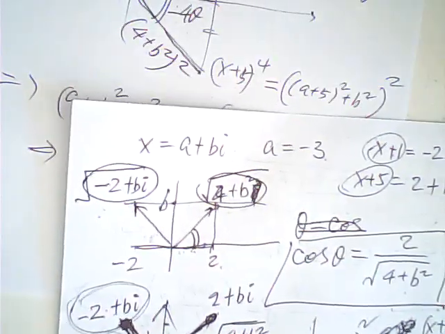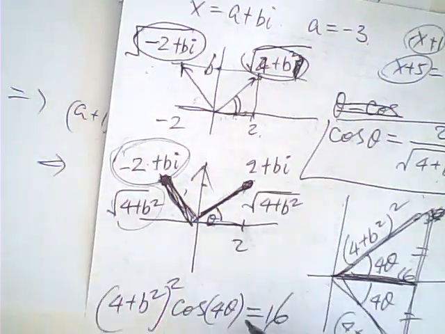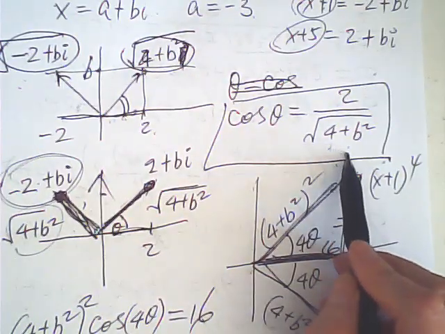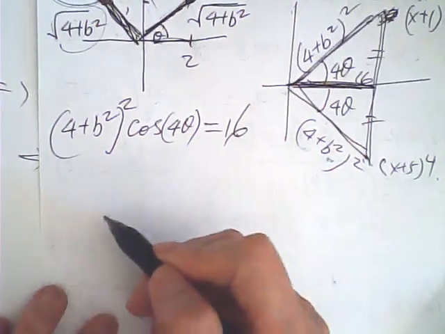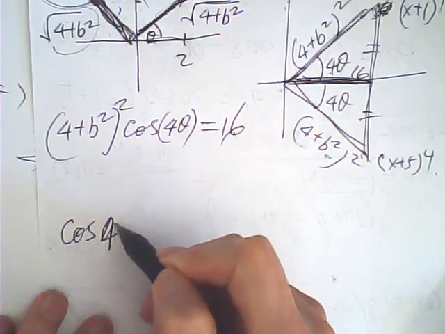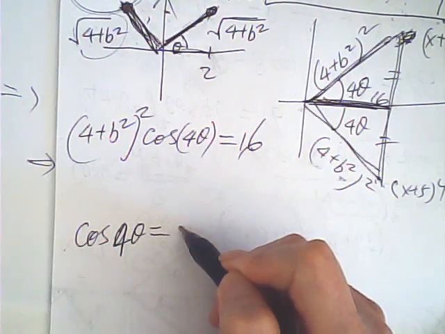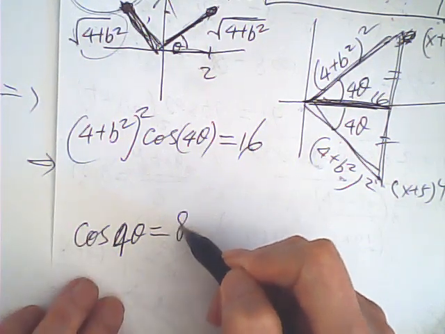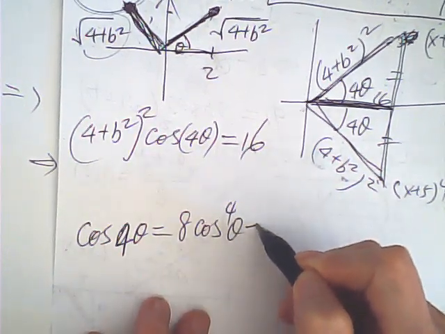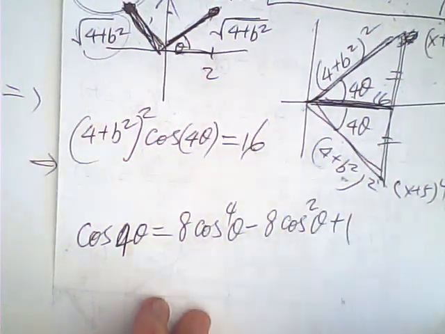And what is cosine theta? Cosine theta is this. Yes, okay, it's still there. We have a formula: cosine 4 theta is equal to 8 cosine to the fourth theta minus 8 cosine squared theta plus 1.